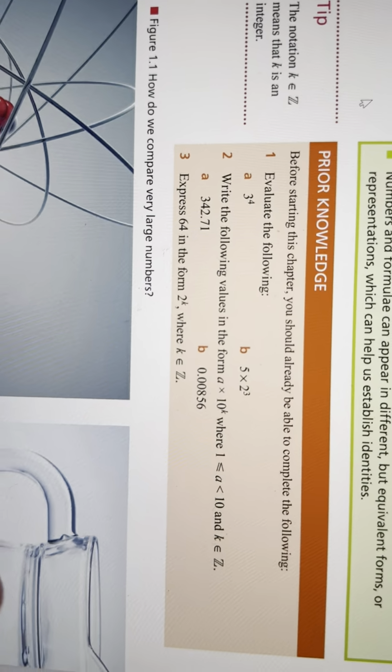So the last rule is a to the power of m, to the power of n, is equal to a to the power of m times n. Also, it's easy to understand. So let's expand this first. It means there's n amount of a to the power of m multiplied together.